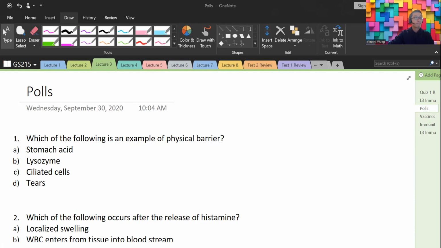Yep, physical barrier will be ciliated cells, right? Okay, the stomach acid is low pH, that's chemical. Lysozyme is found in tears, sweat, and saliva. That's chemical, and tears also chemical.